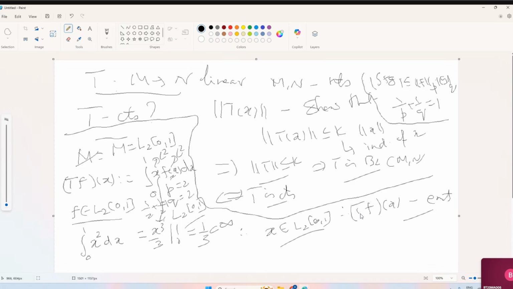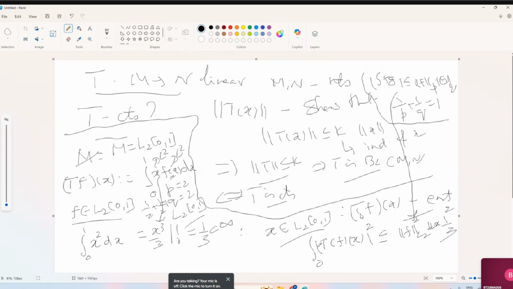Now we want to show it is in L2 as well. So let me look at T of f(x). I take a bound on the mod of this. What you get is that this will be less than or equal to the norm of f in L2 times the norm of x in L2, that is 1 by 3, by Holder's inequality. Now you square it, then you get a square here and a square here.